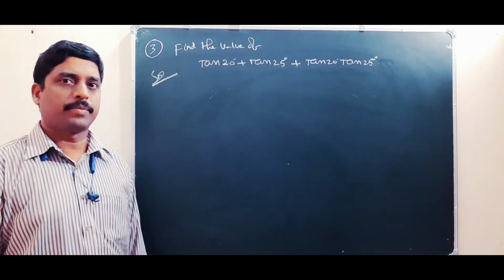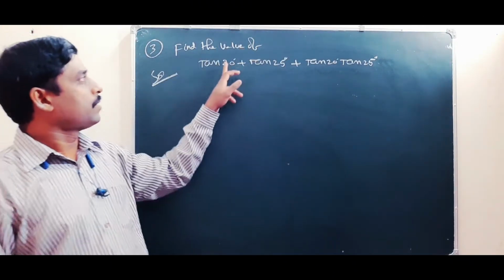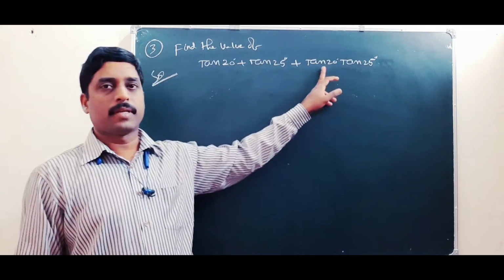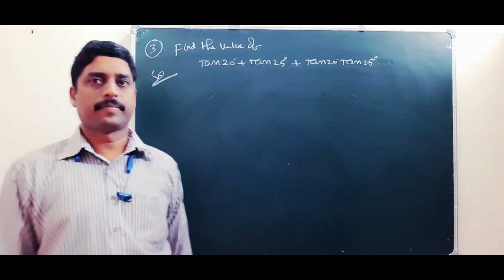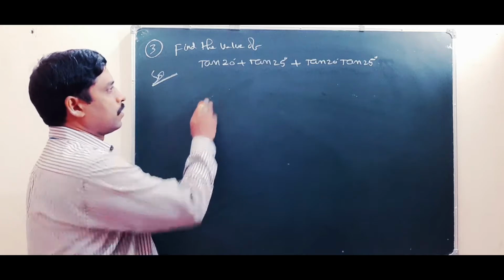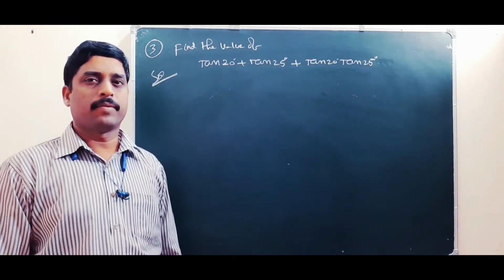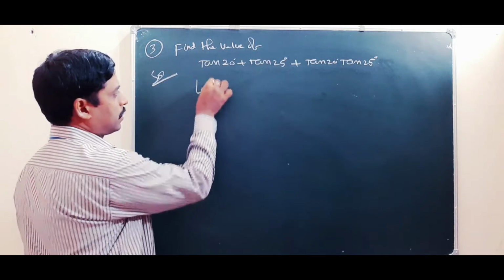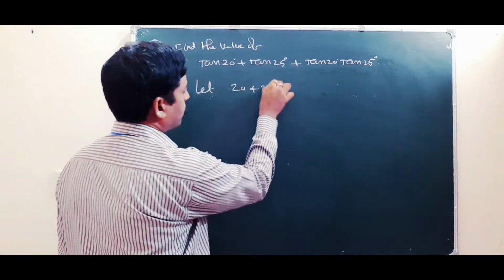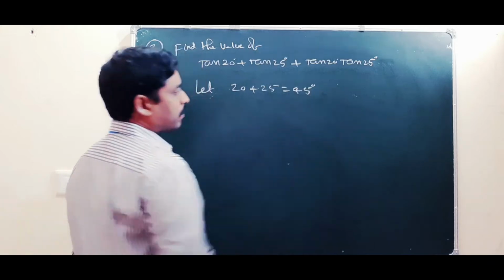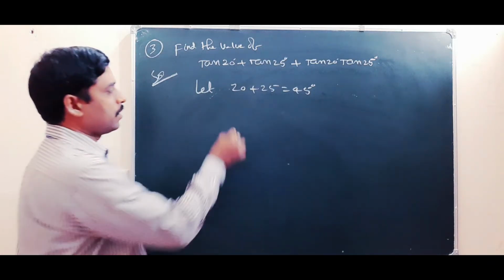Okay, let us go to the next problem. Find the value of tan 20 plus tan 25 plus tan 20 into tan 25. Okay. So what is the relation between 20 and 25? 20 plus 25 equal to 45. So let us take the condition 20 plus 25 equal to 45. Okay, now applying tangent on both sides.